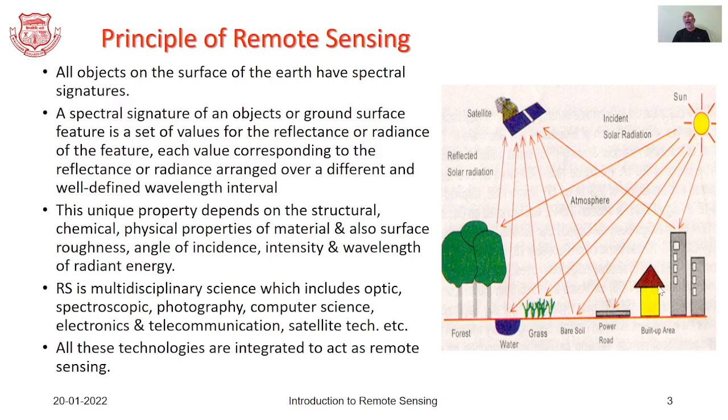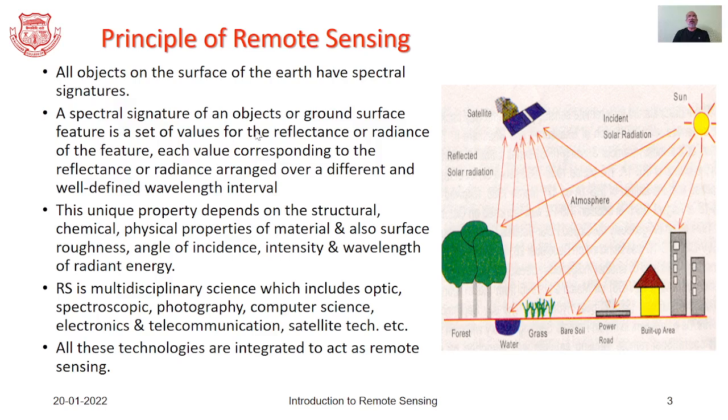These entities, as they receive that energy, further reflect back that energy towards some sensor, and that sensor tells us about the information based on some specific entity termed as spectral signature.